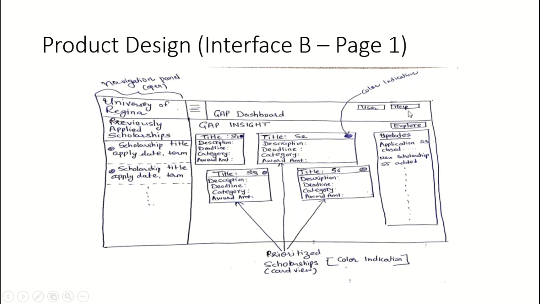Also, if user wants to get certain help from the system, he can click on the help button. Here, as you can see, we got feedback from one of our evaluation team members that we forgot to put the home button as well, so home or back button. So we are going to improve that in our high fidelity prototype.